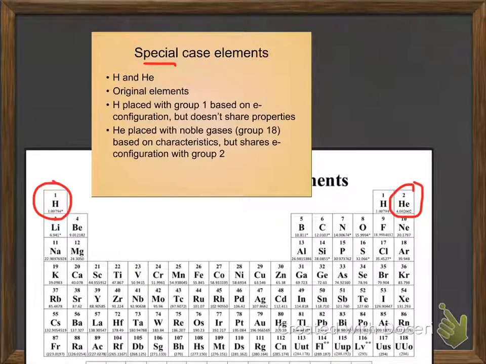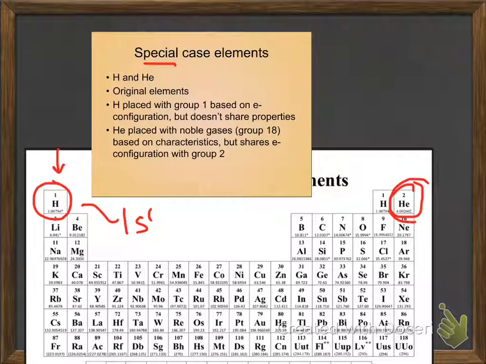So hydrogen is placed in group 1, and if you think about it, what does hydrogen have for an electron configuration? 1s1. Well, everything in group 1 ends in s1, as you remember, but it doesn't behave like the rest of group 1. We'll talk more about why that is later.